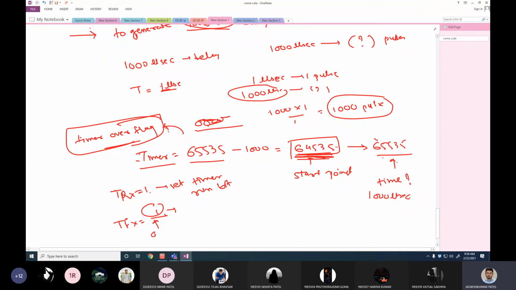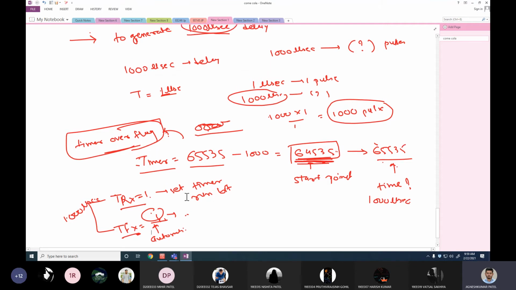This is done automatically. You are not going to do this. The time taken between these two steps is 1000 microseconds. So you let the timer run, and when it finishes, you know that by looking at the timer overflow flag. This is how I'm going to generate a time delay.